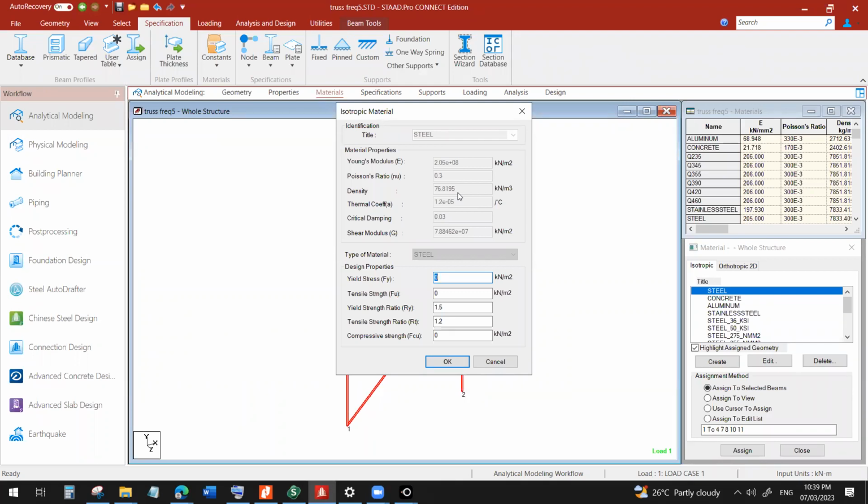Convert that to kilogram per cubic meter. That is 7830.73 kilogram per cubic meter.